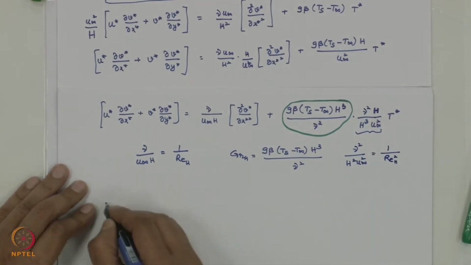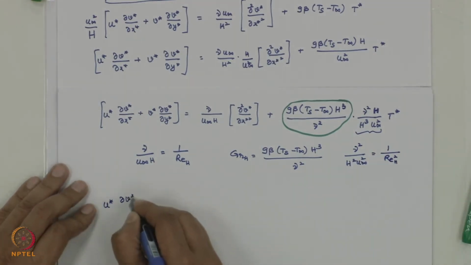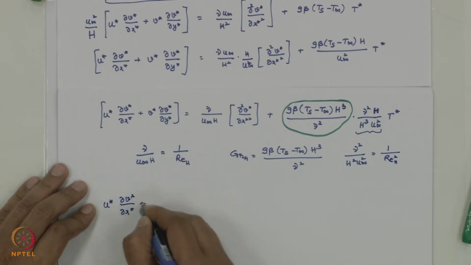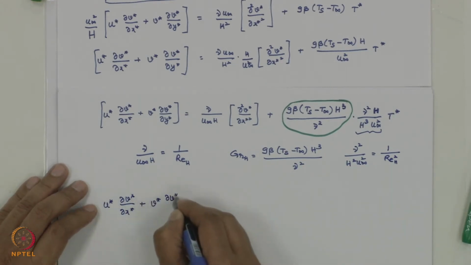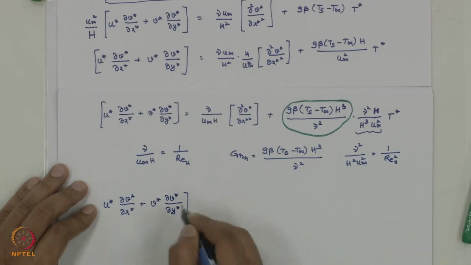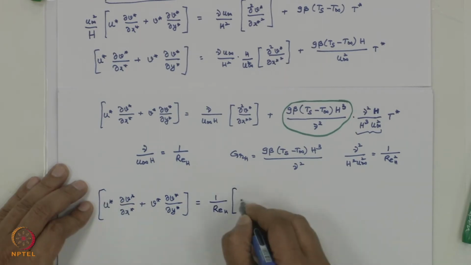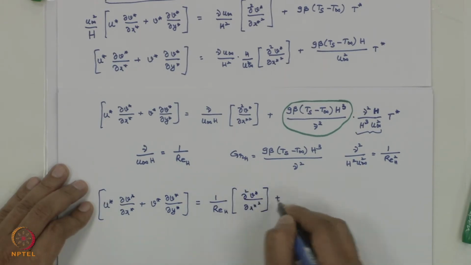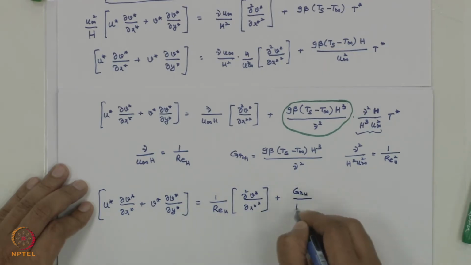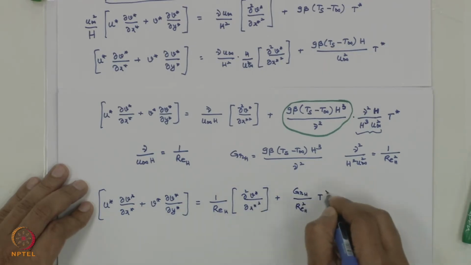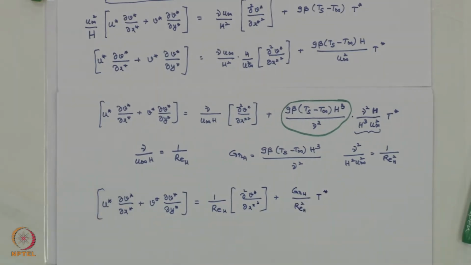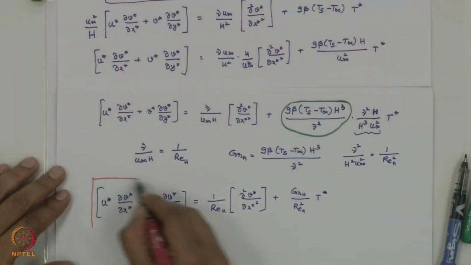So I get my equation as u star del v star by del x star plus v star del v star by del y star is equal to 1 upon REH into del squared v star upon del x star squared plus GRH upon REH squared into T star. So these are the non-dimensional numbers which I get from the momentum equation. This is my momentum equation non-dimensionalization.